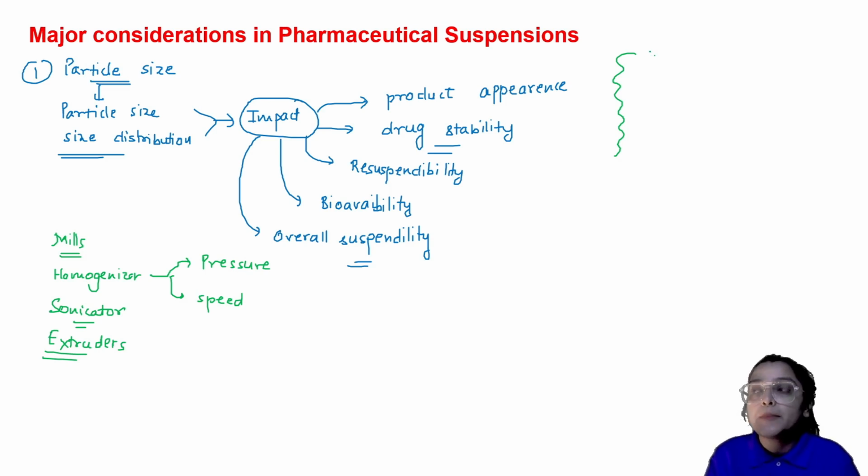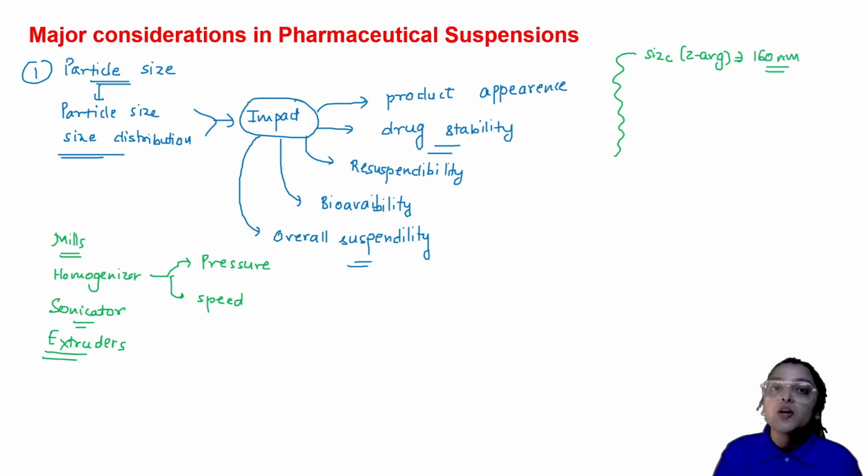There are a few parameters by which you can see whether your particle size has been achieved or not. One is your size only. The report that you get for your formulation gives your Z average. Suppose you have got a 160 nanometer particle. As per the US FDA definition of nano, one dimension should be under 100 nanometers, but it is still an okay size, a good size.